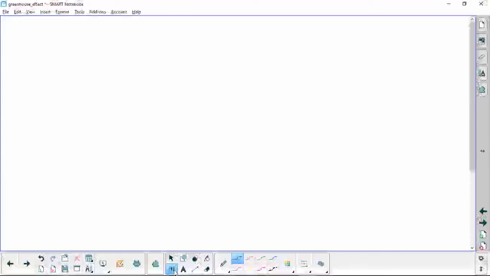So let's do that now. If I take a look here and remind myself of the equation, intensity is power over area.